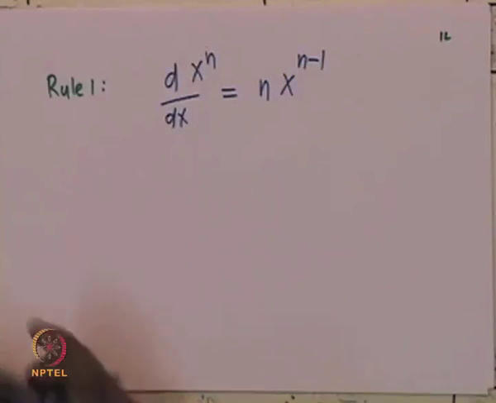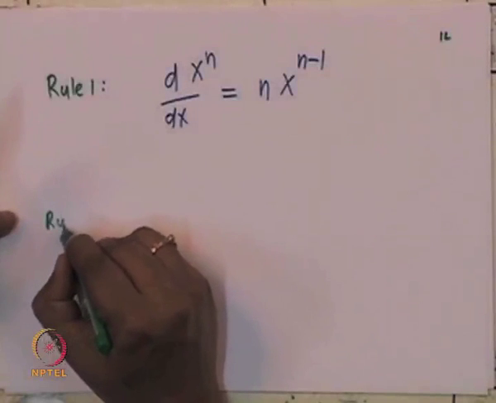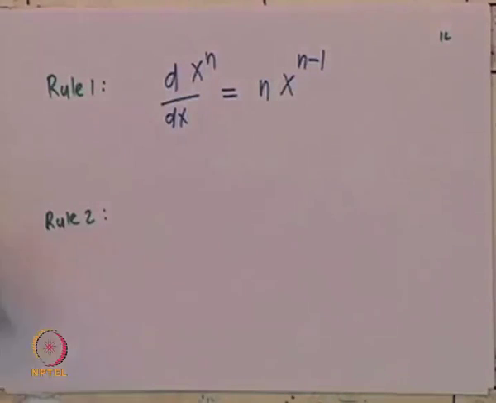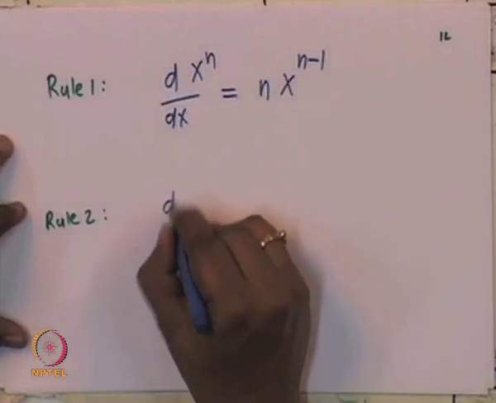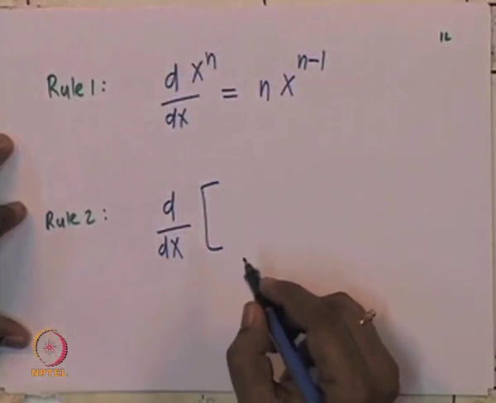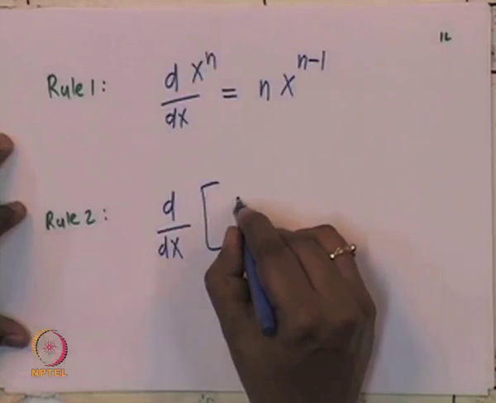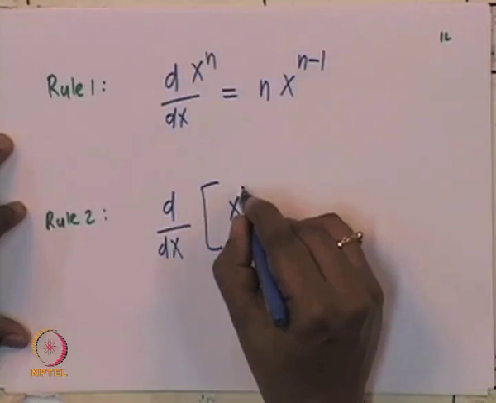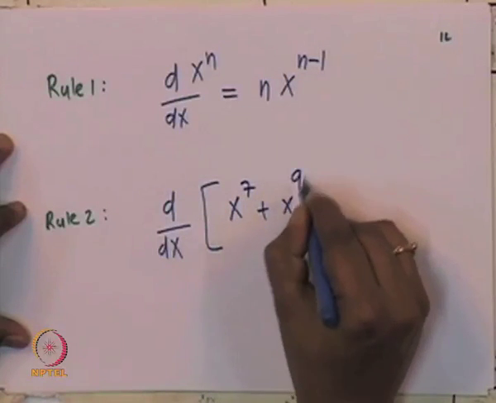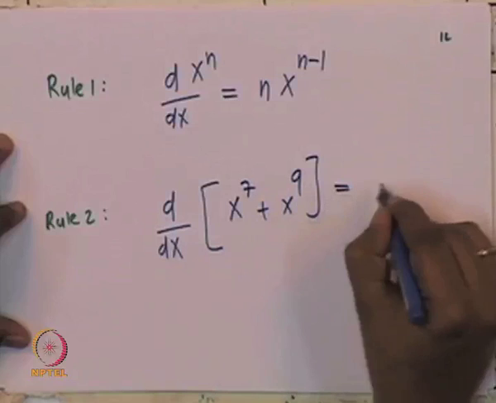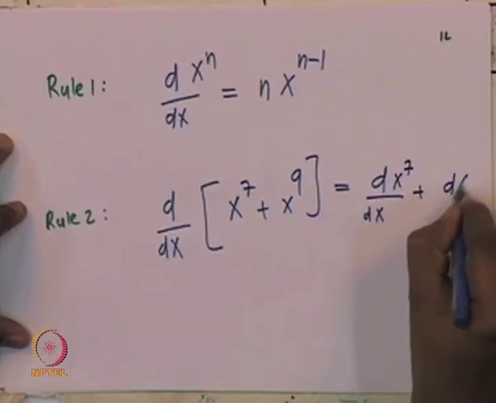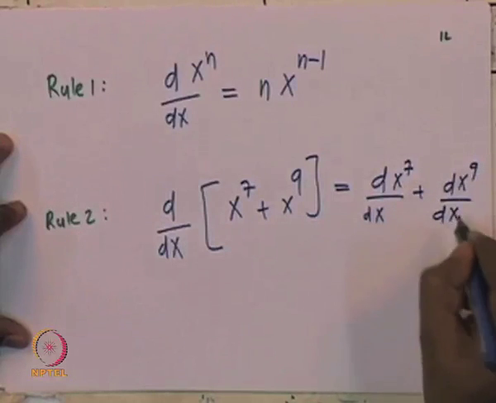The second one you should learn is the derivative of a sum of two functions. If you want to find the derivative of the sum of two functions, x power 7 plus x power 9, this is the derivative of x power 7 plus the derivative of x power 9.